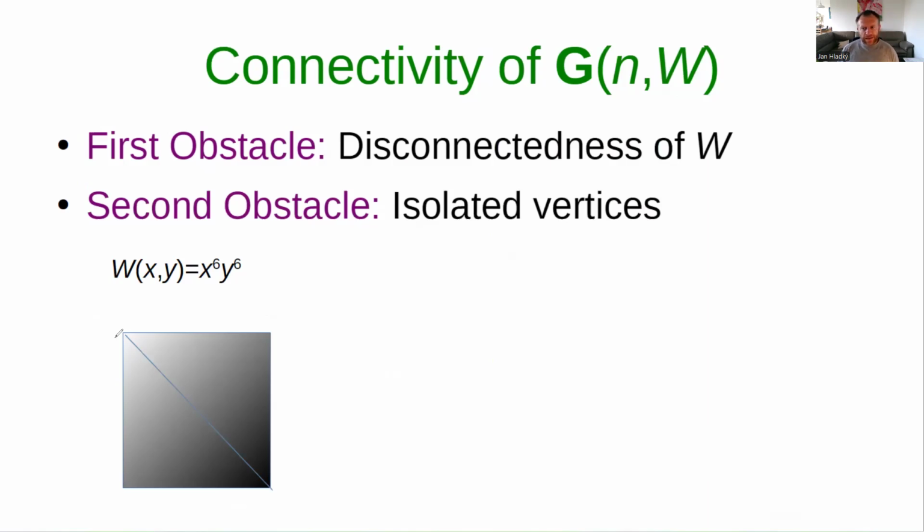And it will be disconnected because it will contain an isolated vertex. So that's a very different reason than in the first obstacle where there were two huge components. Now here there will be one tiny component, an isolated vertex.